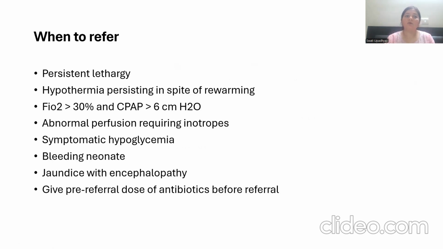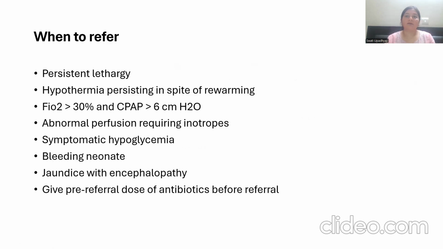So any baby who is having persistent lethargy, whose hypothermia is persisting in spite of rewarming, if there is FiO2 of more than 30% and CPAP is more than 6 centimeter of H2O, if there is abnormal perfusion which requires inotropes, if there is symptomatic hypoglycemia, a bleeding neonate, any neonate who is having jaundice with encephalopathy, these babies should be referred possibly to a level 3 care.